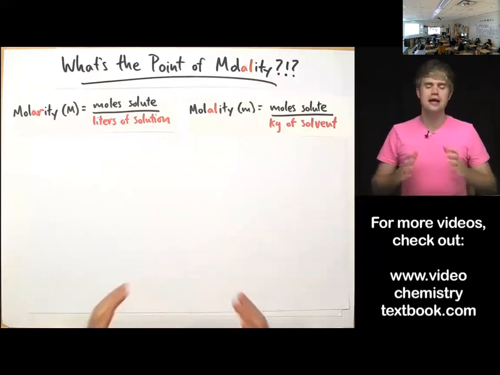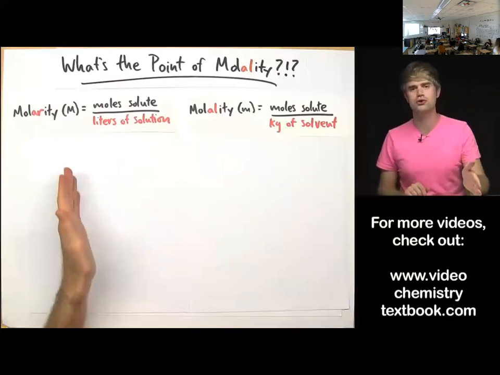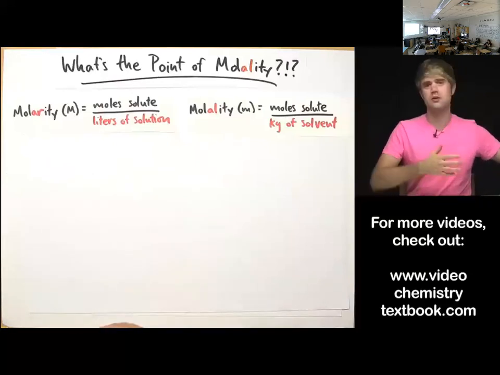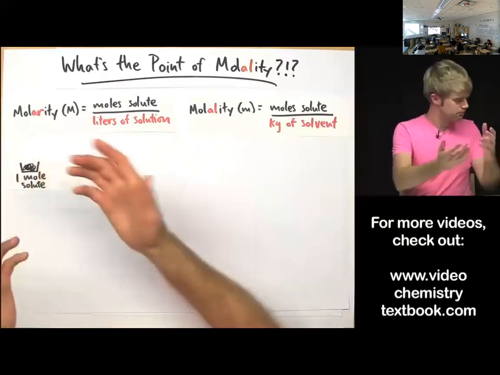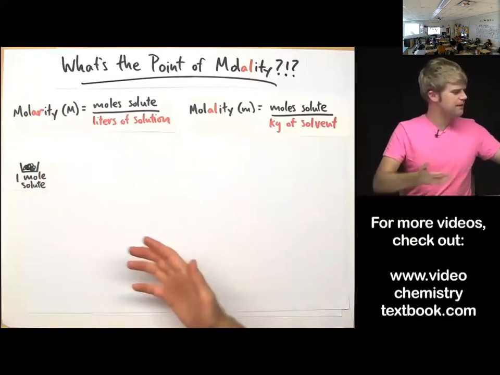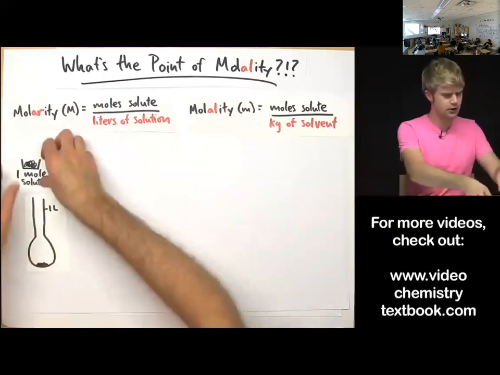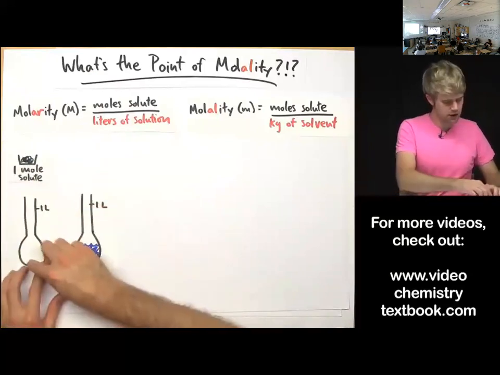First of all, it is easier to make a molal solution than a molar solution. Here's why. If I want to make a 1 molar solution, I'll take 1 mole of solute, weigh it out, and put it in a volumetric flask like this. There's the solute, I've dumped it here into the flask. Then I'll add a little bit of water to dissolve the solute.